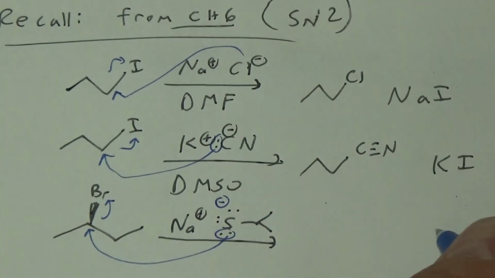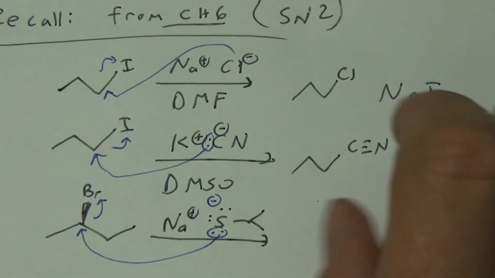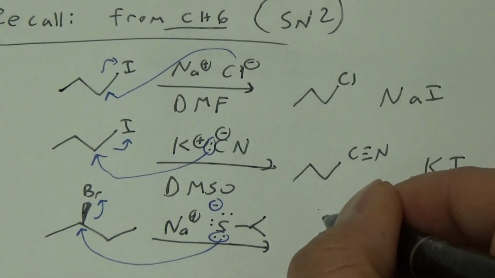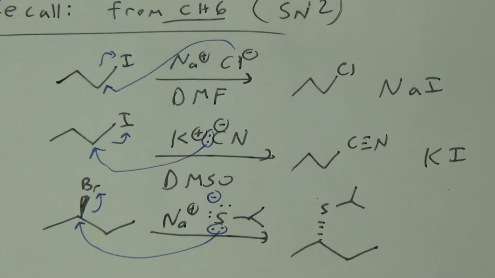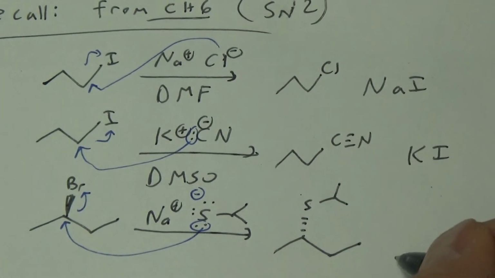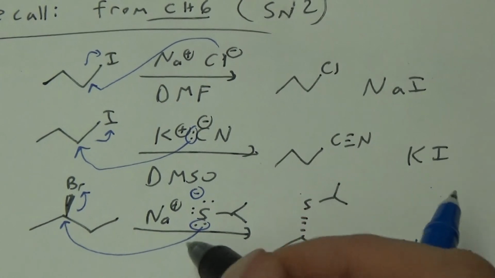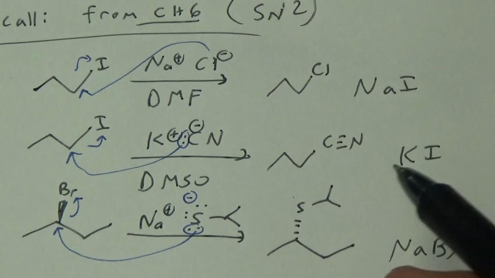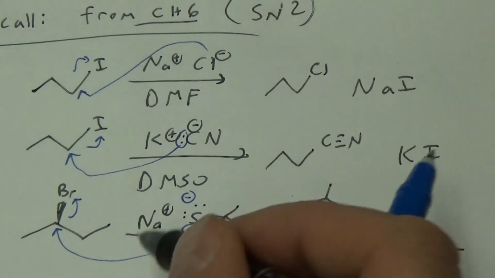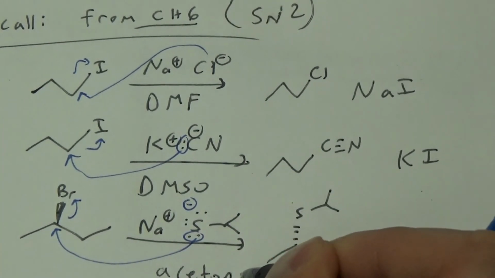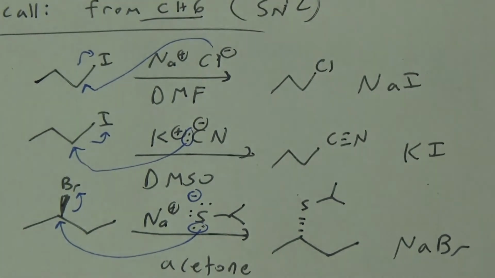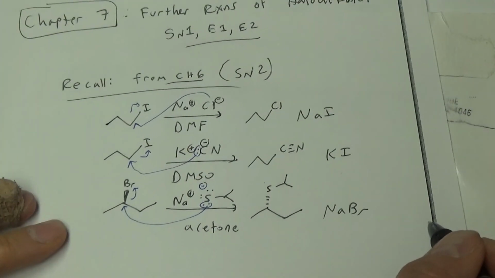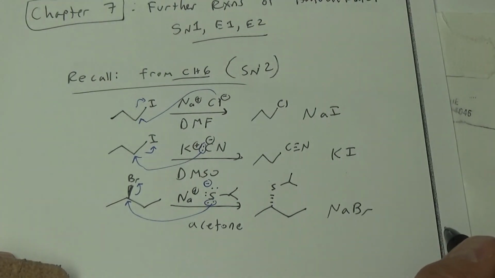What happens to the stereochemistry of the secondary site? It gets inverted. Make a sulfide, NaBr. What's your favorite SN2 solvent other than DMF and DMSO? Pick one, we could say acetone. All of those are good polar aprotic SN2 mediating solvents. Okay, so that's what we learned about in chapter 6.